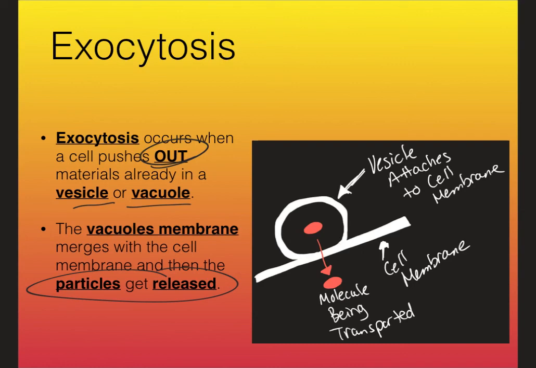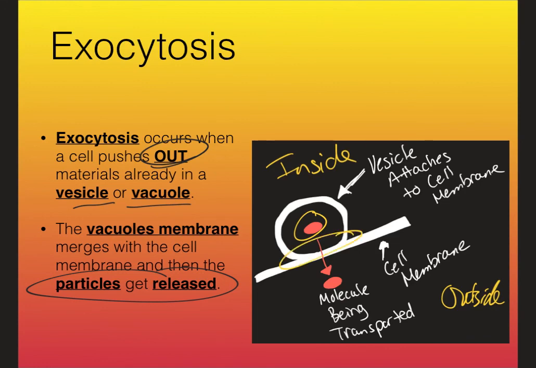When you're looking at it, this right here is the inside of the cell, and this right here is the outside of the cell. In this case, inside the cell, you have this large molecule that was already put into a vesicle, those pouches that we just talked about, and as it moves towards the cell membrane, it merges with the cell membrane, as you can see happening right here.